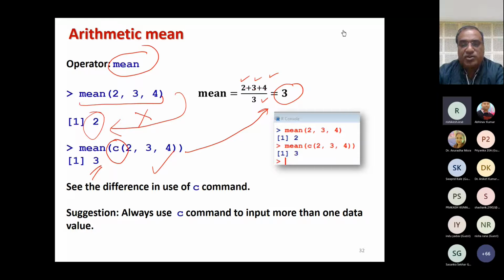Whereas when you are not using the C command, there is a good chance of making a mistake. So now onwards, there should be a very simple rule: whenever you want to use more than one value, use the C command to combine them.